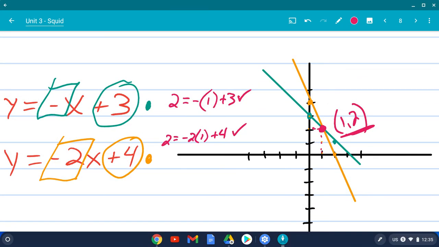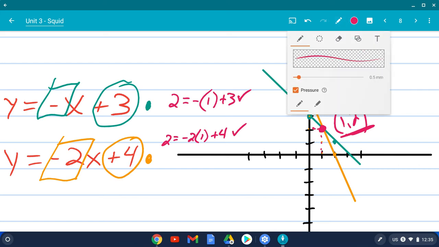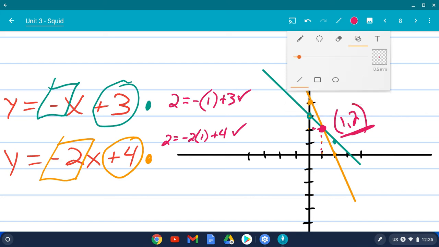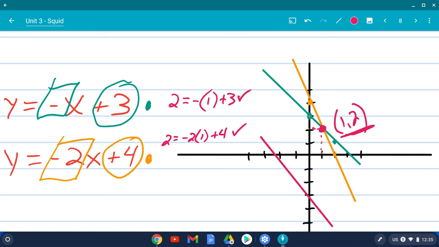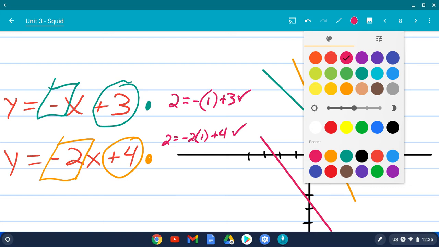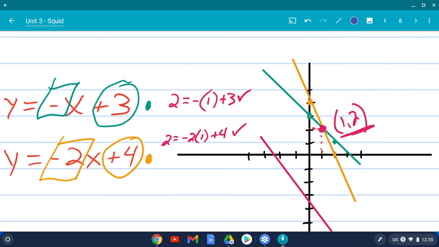In both of those cases, my solutions were nice, pretty lattice points. But they won't always be lattice points. What if I had these two lines? I'm going to use the same graph there. Let's say I had this line and this line.